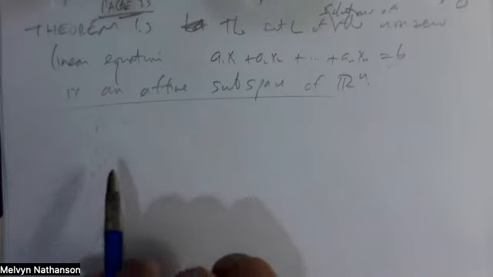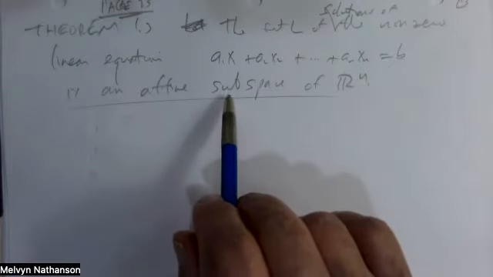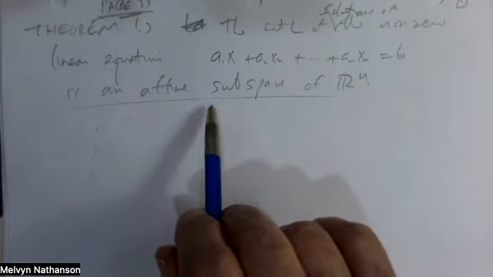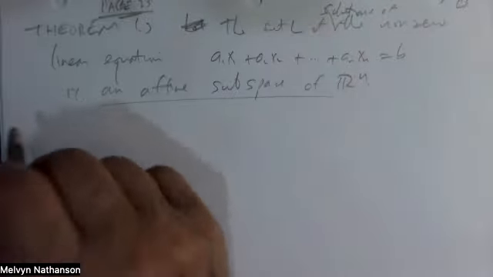Okay. So if you have the homogeneous equation, the solution space is a subspace. But if it's inhomogeneous, the solution space is an affine subspace.